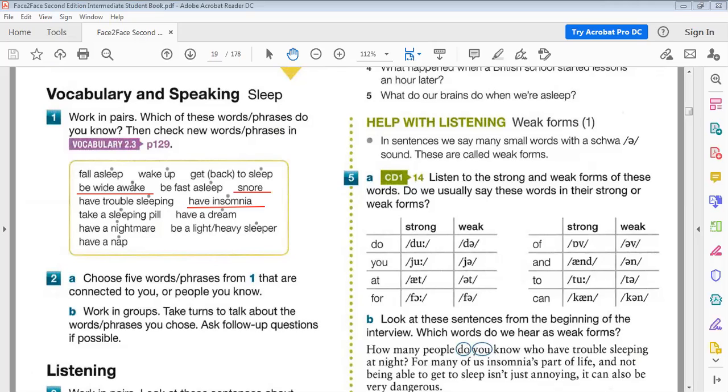No? Okay, so to be wide awake means to be completely awake. So usually you want to sleep, but when you're wide awake, it means you can't go to sleep. Do you get the idea? For example, now, we say "مصحصح".